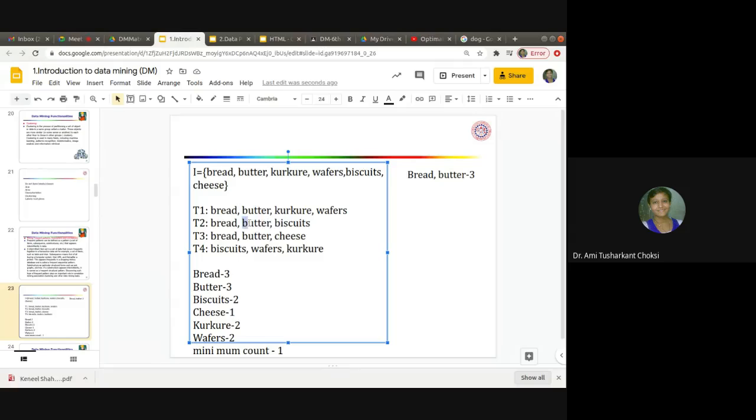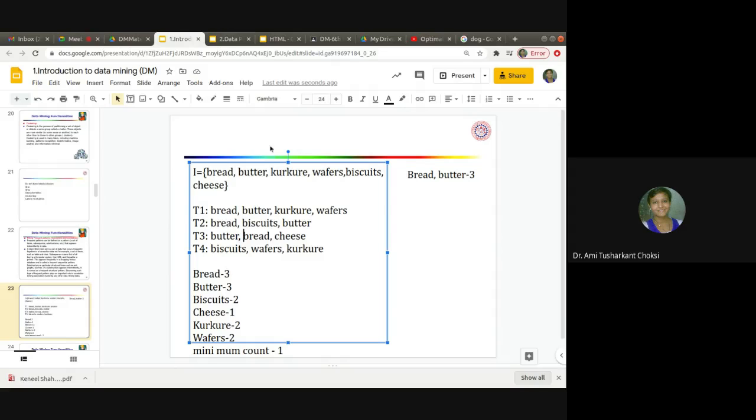Sequence doesn't matter, whether it is here or at the end, it doesn't matter, right? Or you can say if the butter comes first and then bread, it's okay. Their order doesn't matter, but they are appearing together.